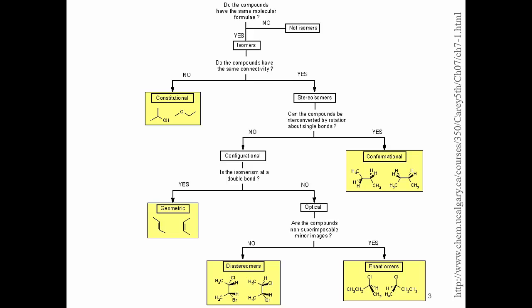If we cannot interchange these and make them identical by rotation, let's just quickly take a look at what we mean by this. So here we have a 4-carbon chain where it's extended. In other words, this carbon is as far away from this carbon as it can be.